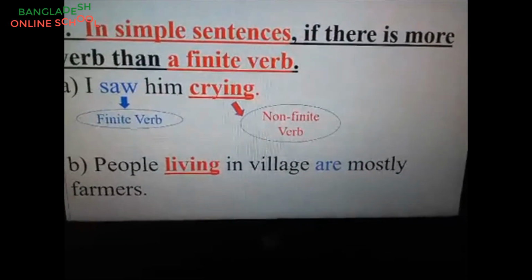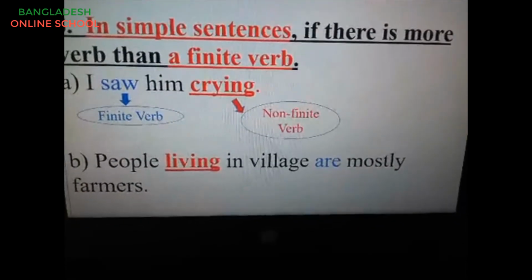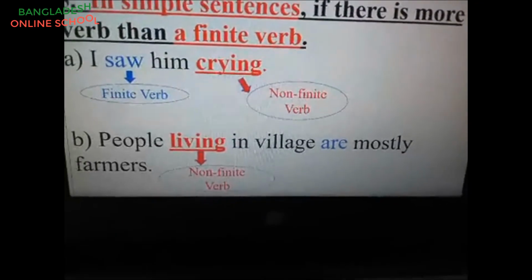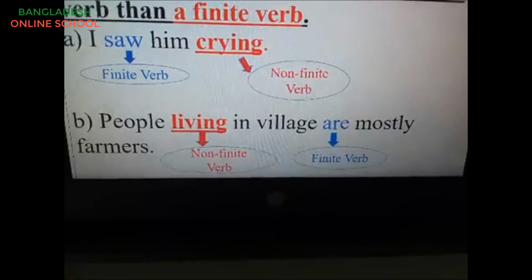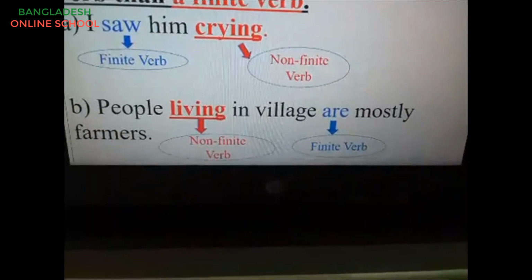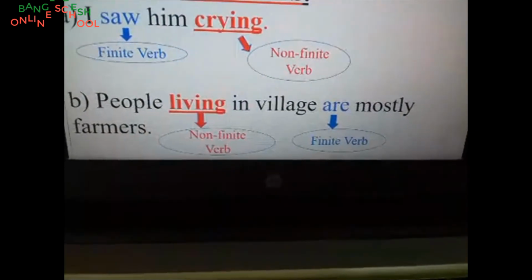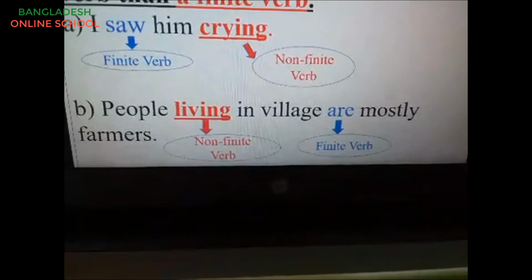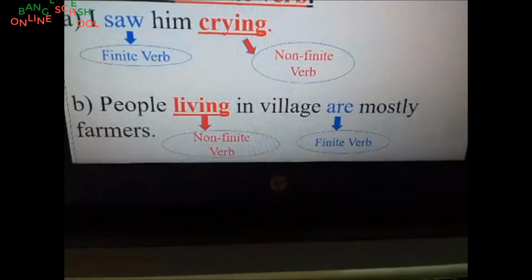A non-finite verb can come before the finite verb also. You see another example. Here, living is a non-finite verb and are is a finite verb. Okay. Now you can understand that in a simple sentence, if there is more than one verb, you will use the -ing form of the verb.